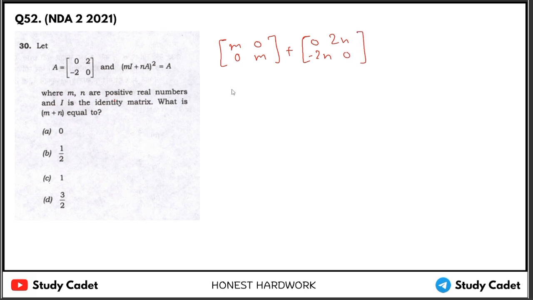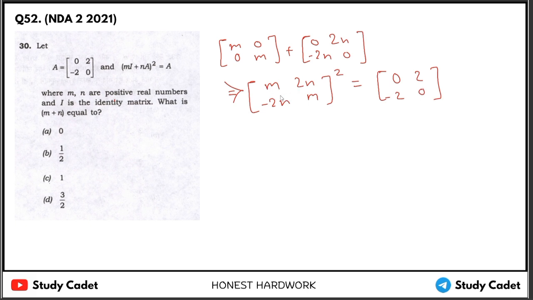So it will be m, 2n, minus 2n, m, and we need its square. Its square will be equal to A. A is 0, 2, minus 2, 0.